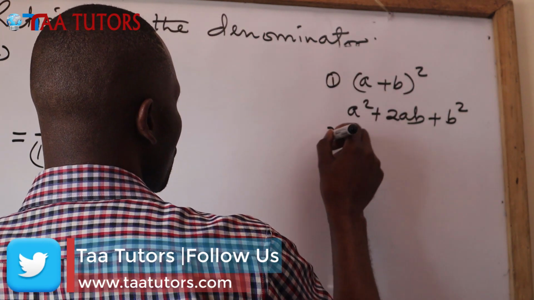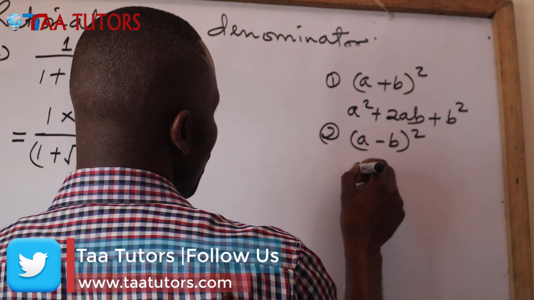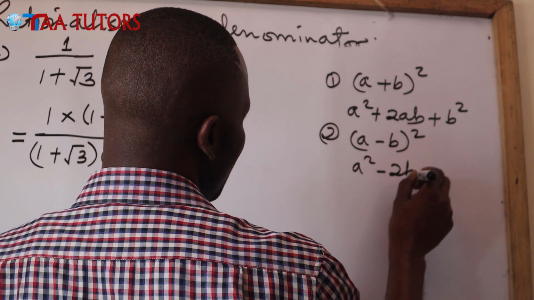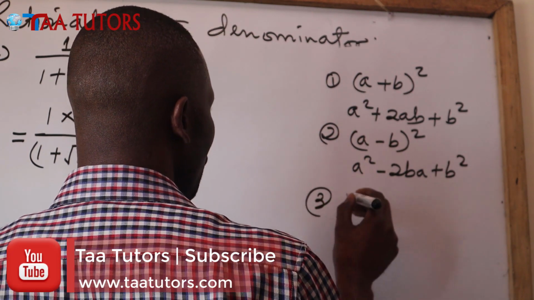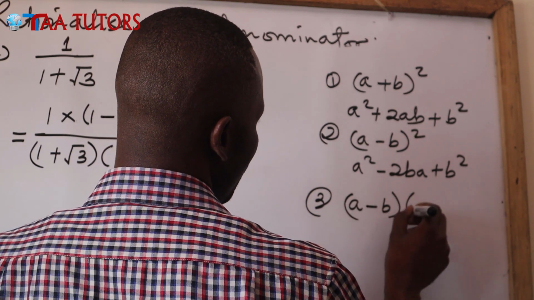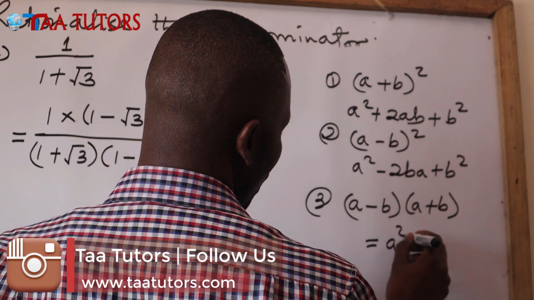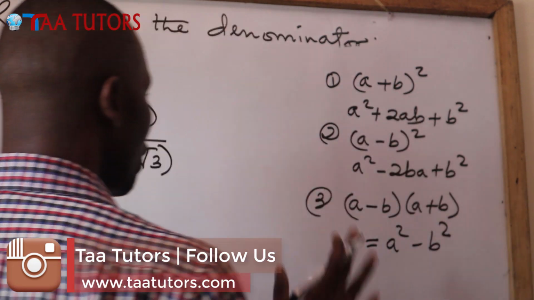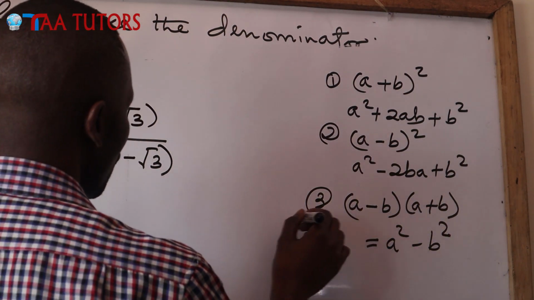That's 1. 2, if you have (a minus b) squared, this should be a squared minus 2ab plus b squared. And then identity 3 was dealing with (a minus b) into (a plus b), given by a squared minus b squared. Now, using these three quadratic identities, we realize that our A case deals with the third quadratic identity.